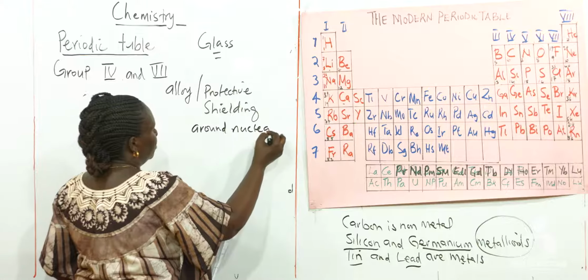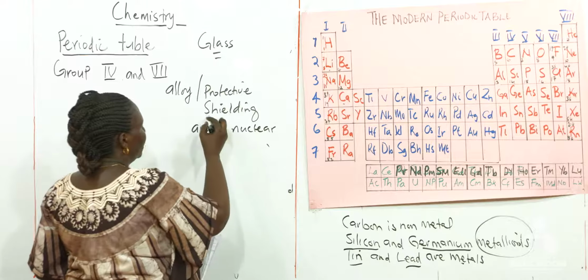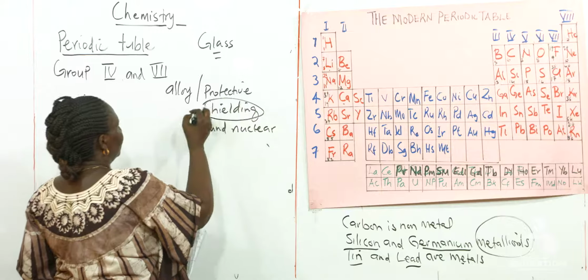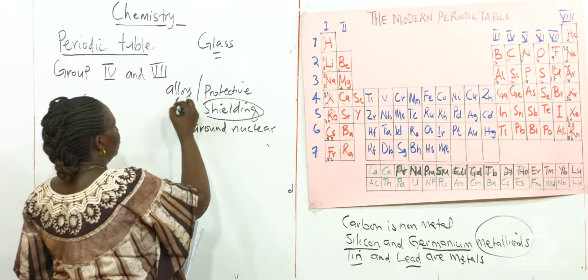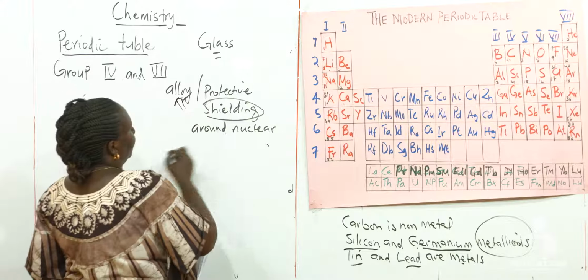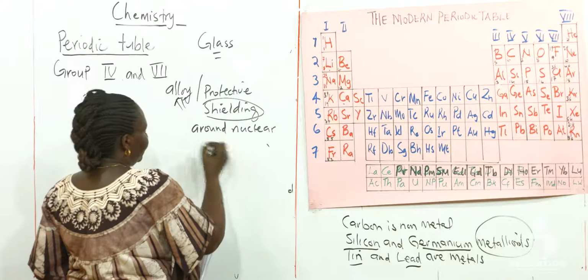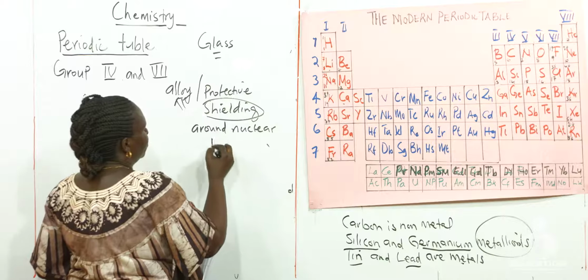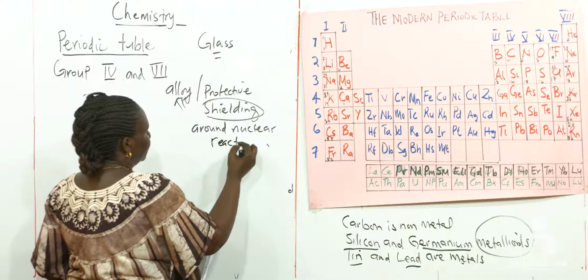So we use a shield that is made up from an alloy that contains lead. It is to protect us from nuclear reactors.